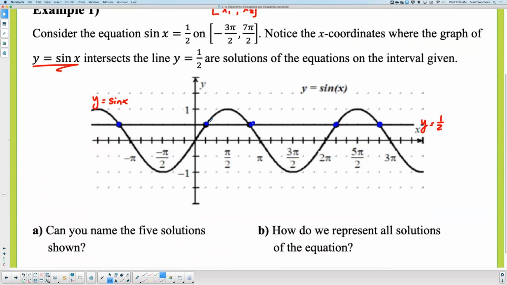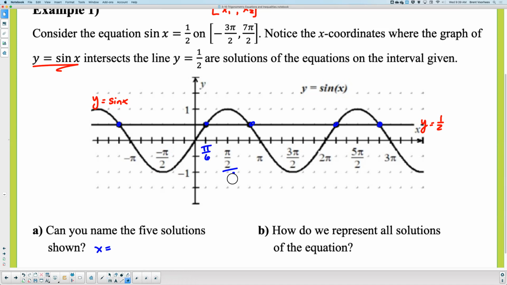So can you name what the 5 solutions are? Each of the y values is 1/2. That never changes, so you would not list those if you're taking a graphical approach. What you would list are the x values. You would say x equals. Now let's figure out what we're counting by. If this is pi over 2 and it's divided into 3 sections, what's pi over 2 divided by 3 to get each section? Pi over 6. That means this right here is 1 pi over 6.